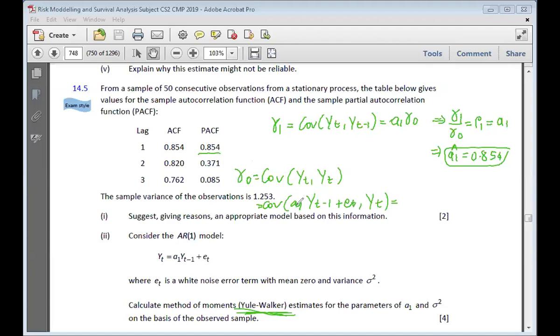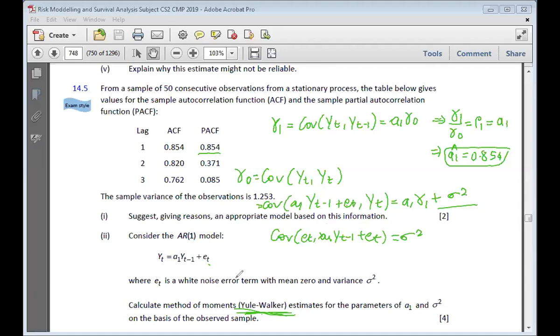So now you have covariance of A1 yt minus 1 comma yt, that will be A1 gamma 1, and et and yt you don't know as yet, right? So let us derive. Covariance of et comma yt: instead of yt, I'm going to substitute this expression, which is A1 yt minus 1 plus et. It will be sigma square, right? So I'm deriving the covariance that I will have here, and it will just be sigma square.